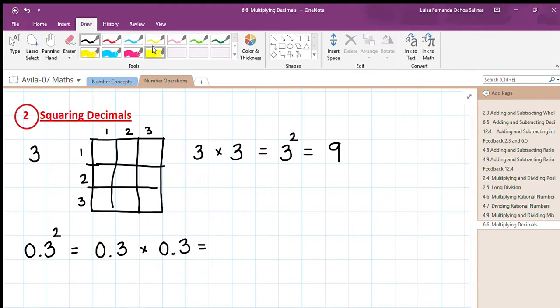And since we just covered in our previous video, how many decimals do I have in my problem? 2. Therefore, my answer is going to be 0.09 because I need to have 2 decimal places in my answer. Because there were 2 in the problem, there have to be 2 in the answer.